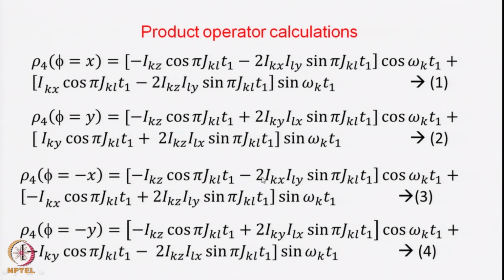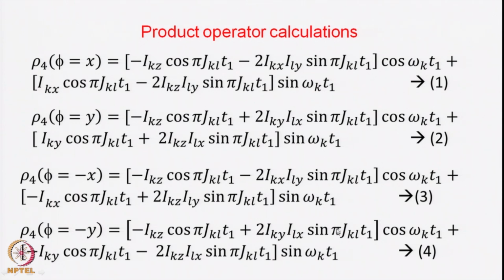Now we look at this term minus 2 ikx ILY, okay, and where does that appear again? It appears again here as minus 2 ikx ILY, but appears with the same sign, and therefore this does not go away. And similarly this 2 iky ILX appears here and it also appears here with the same sign. Therefore, if we add all of this, these also will remain. These will remain as these two terms, 2 iky ILX, and this is minus 2 ikx ILY.